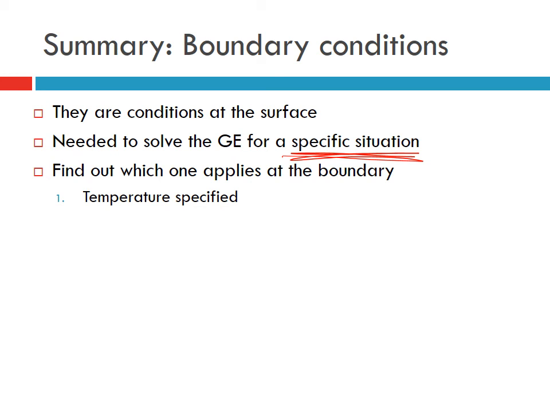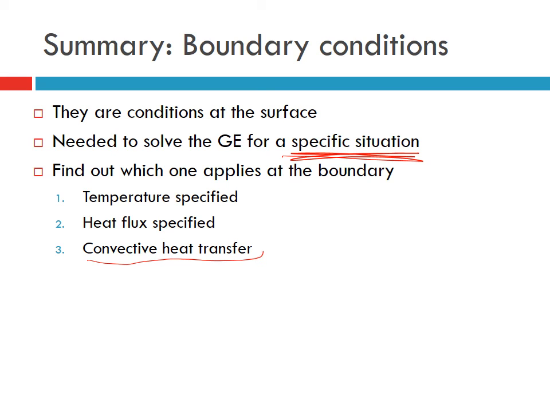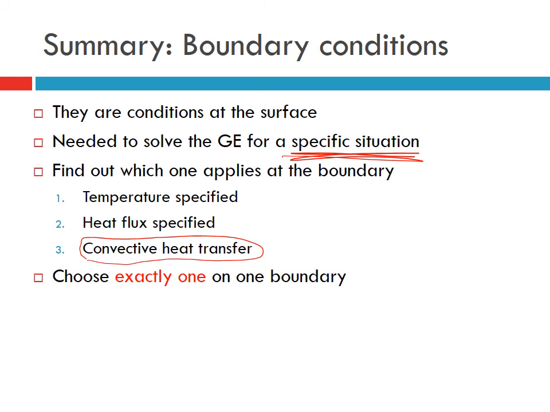There are three types of conditions that we said. One is temperature given, another is heat flux given, and the third one is convective heat transfer, which simply says conducted heat is equal to convected heat. So you choose exactly one on one boundary. You cannot use two boundary conditions on the same boundary.